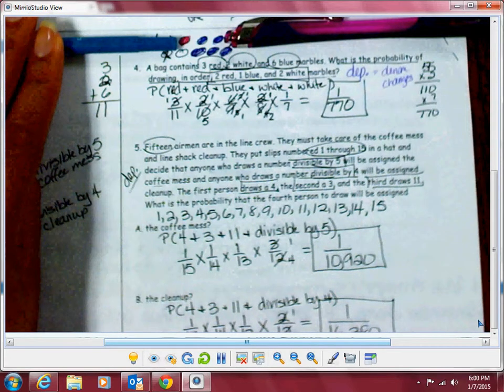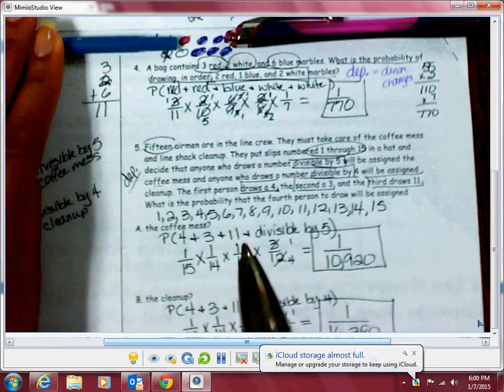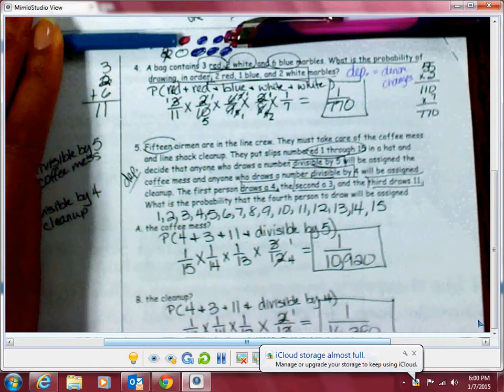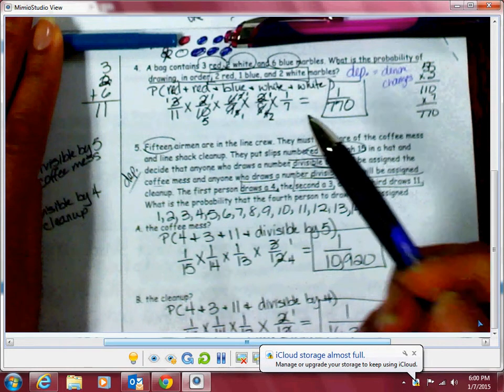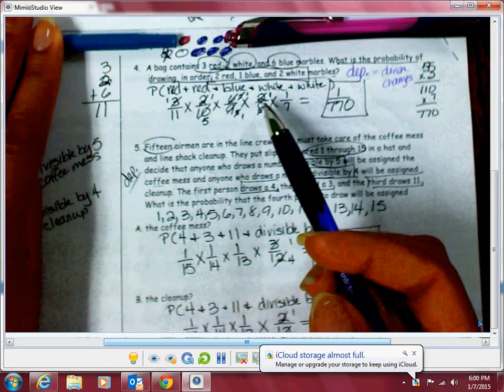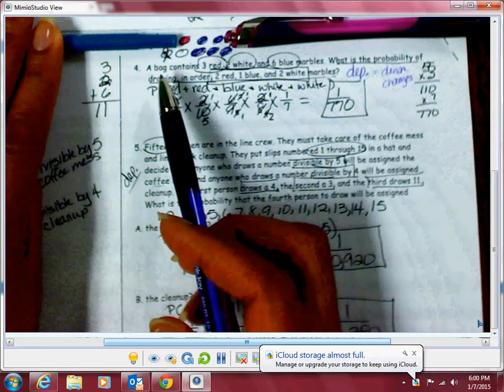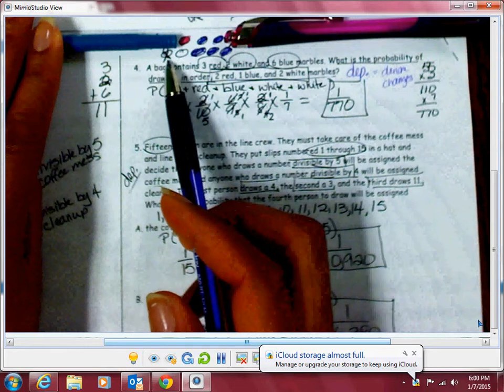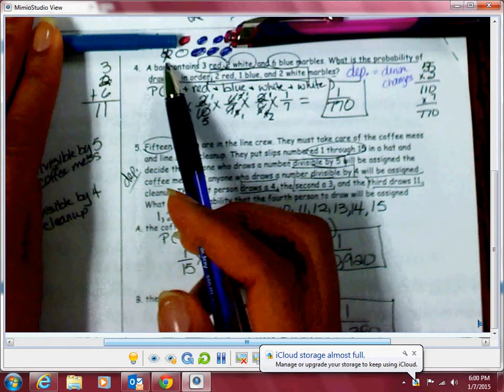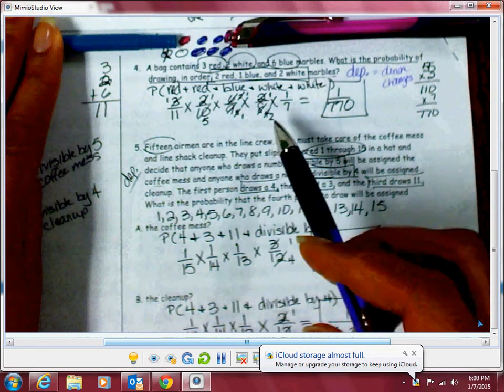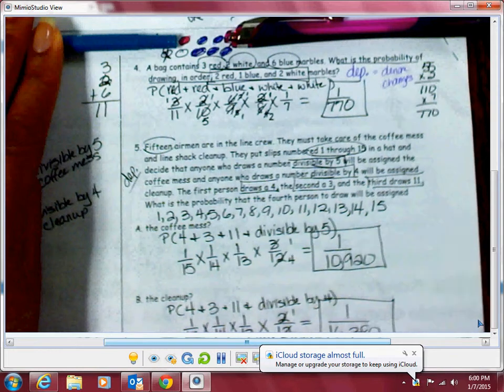So once I cover that up, I now have only 8 marbles showing. And now it wants a white. So I had these 2 whites that were showing. So that was 2 out of the 8 that you see.